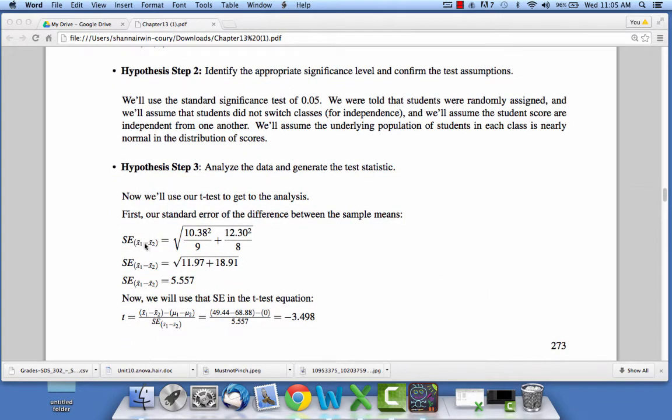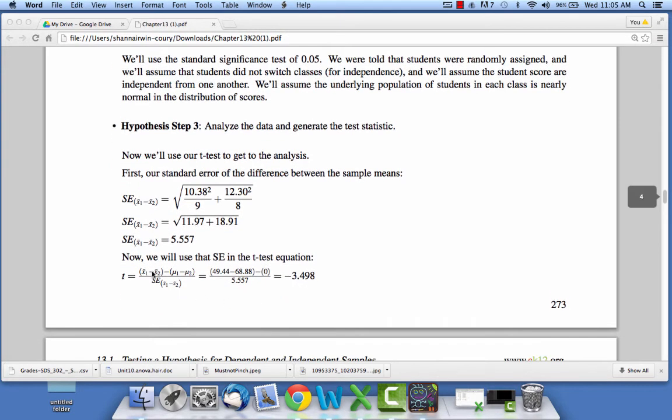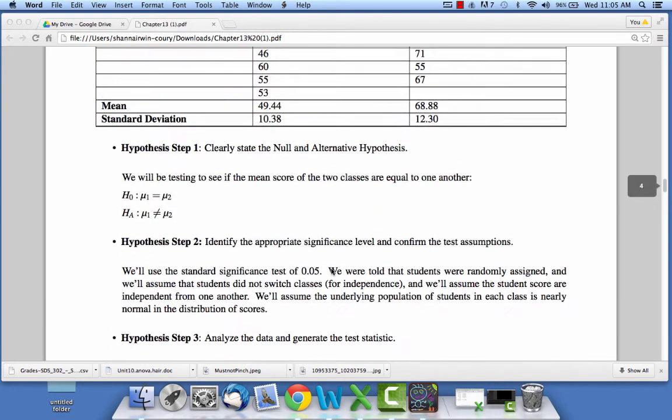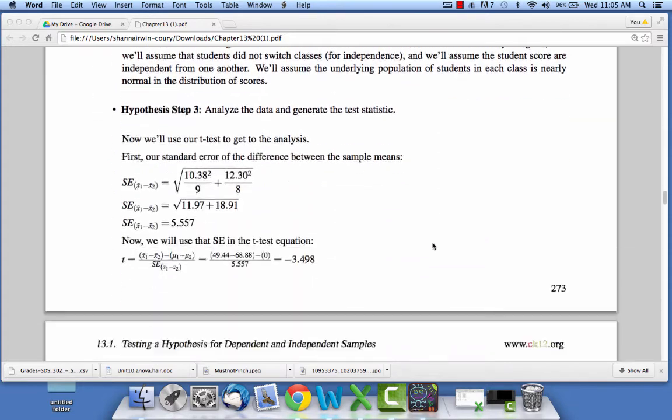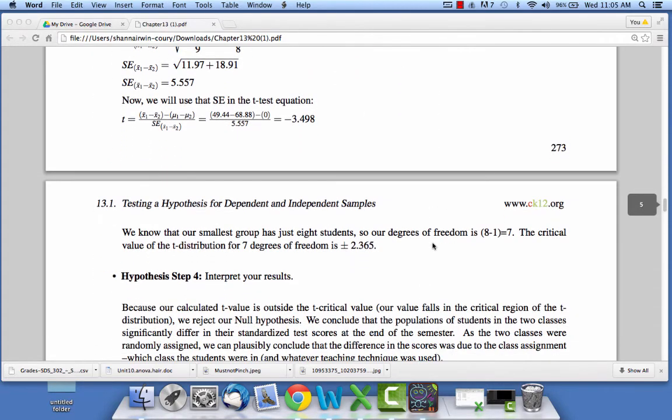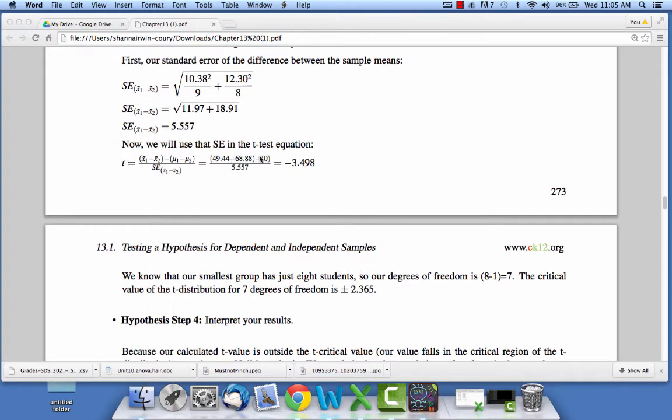That's why it's the standard error for this difference. So the real difference was, oh gosh, 19.44. So this would be negative 19.44, and then it's minus 0 because you expect the difference to be nothing.